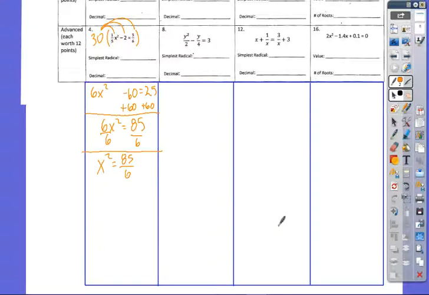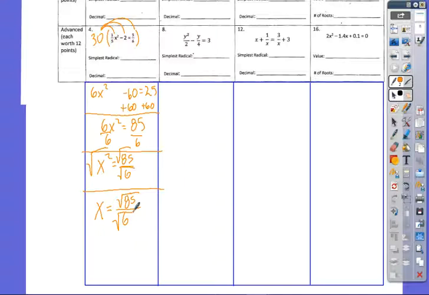All right. So now what am I going to do? Damien? Square root both sides to get x. So I get x is equal to the square root of 85 over the square root of 6.